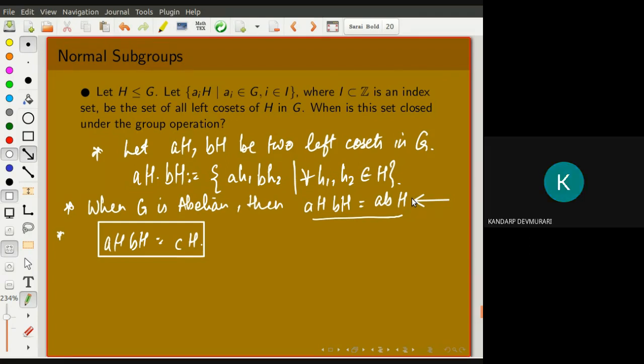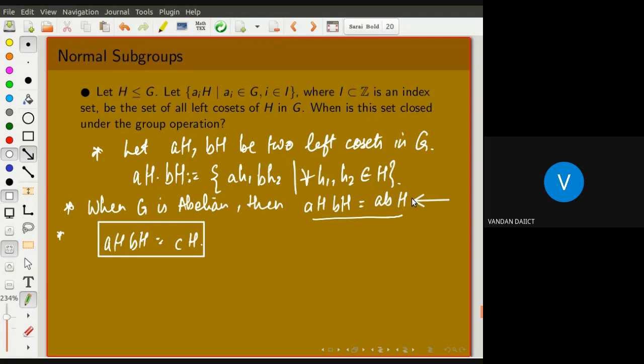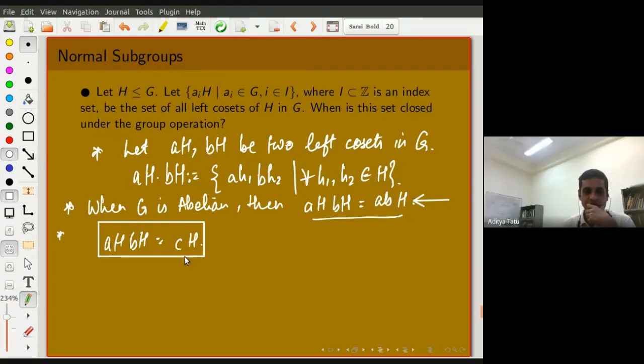We are saying that this property is true for any H and any G. So the product of two left cosets is always a left coset. Is that what you're trying to say?